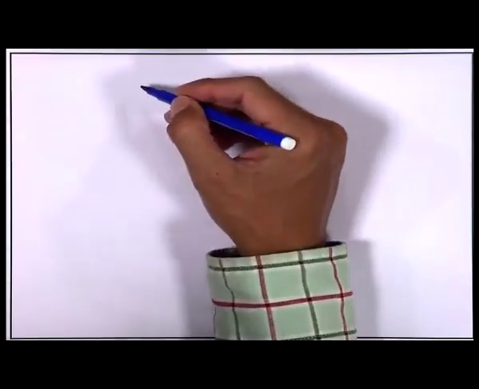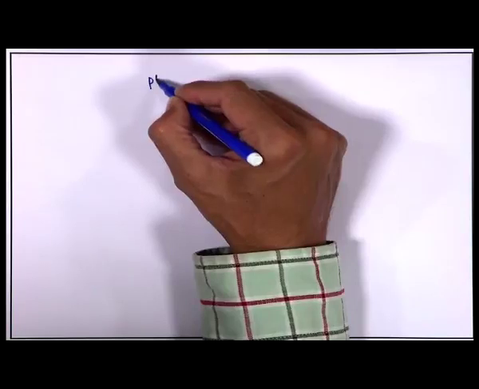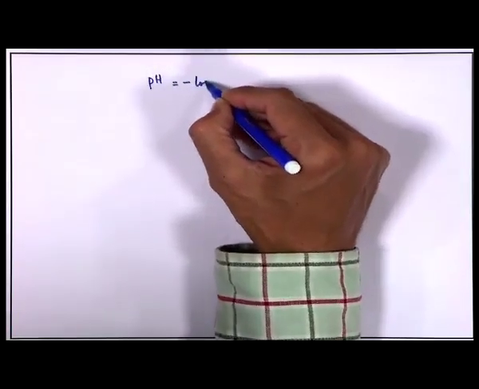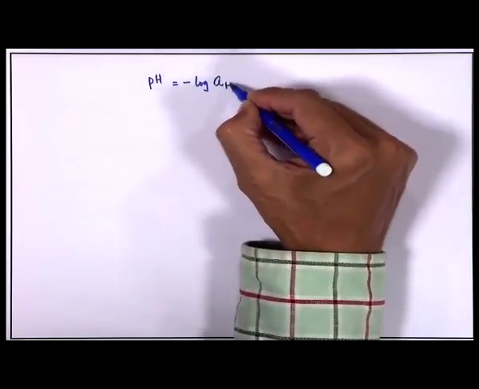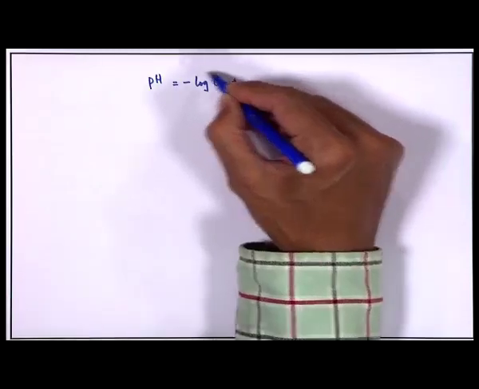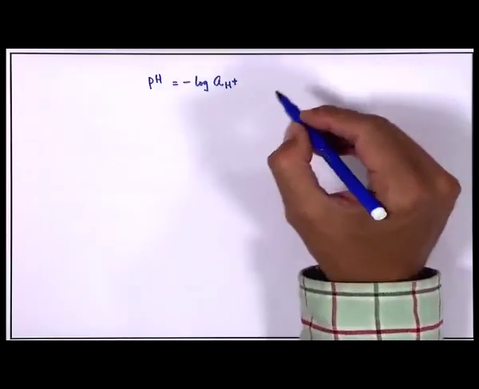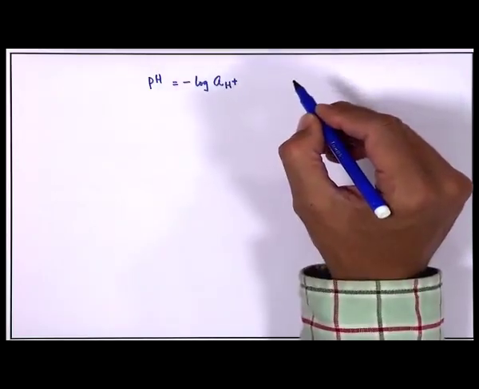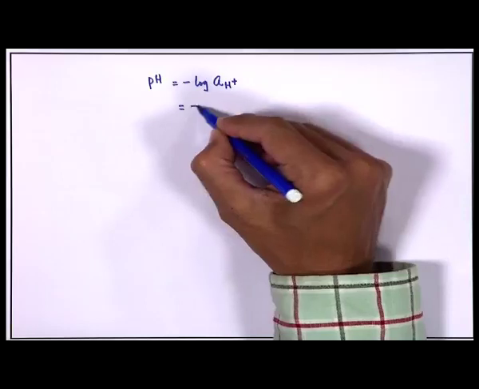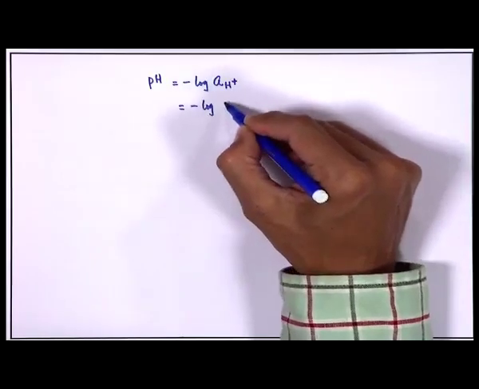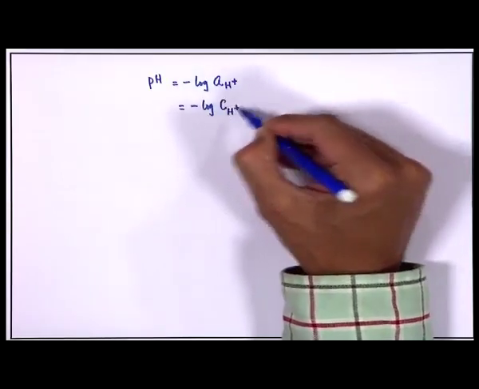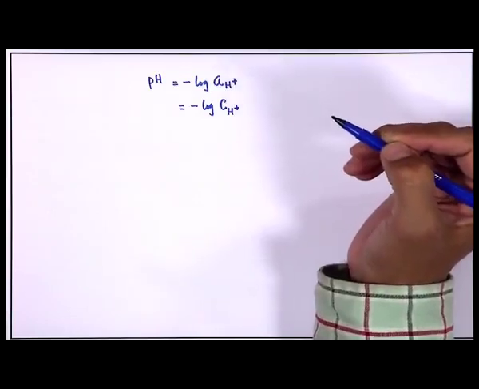So, by the EMF method you can also find out the pH of the medium. pH is basically the negative logarithm of the activity of hydrogen ion. It is a dimensionless quantity. So, for all practical purposes, for dilute solution, you can replace this with minus log of the concentration of H plus, provided the concentration is not high enough.